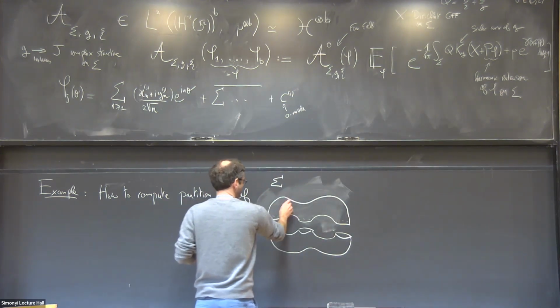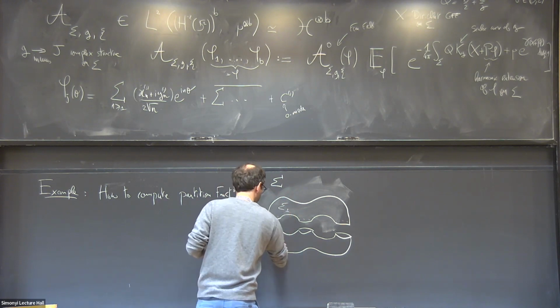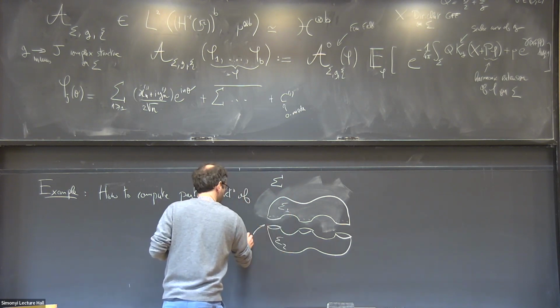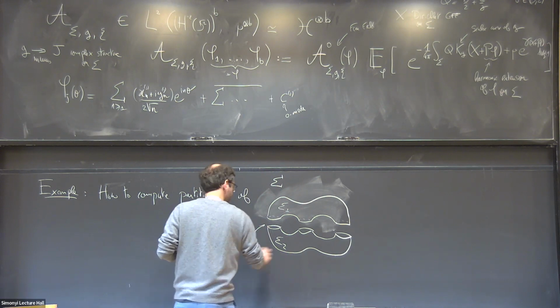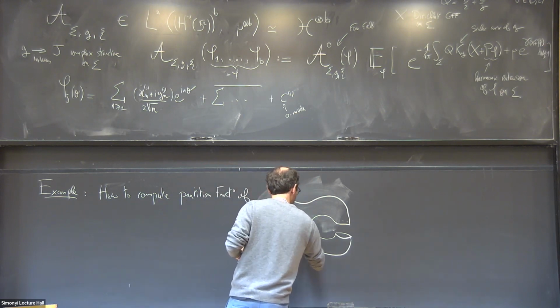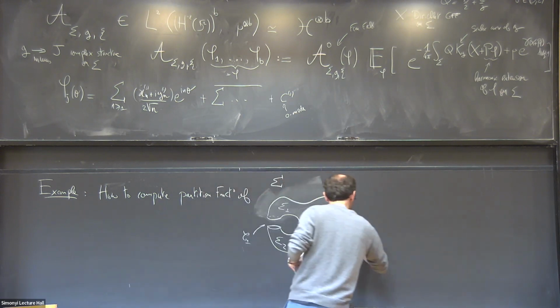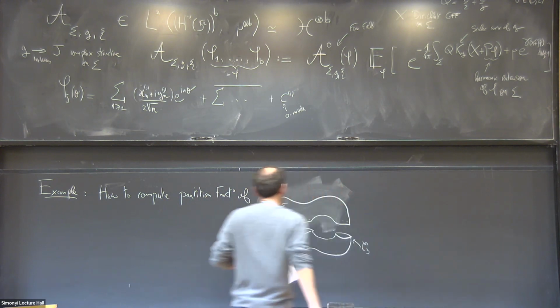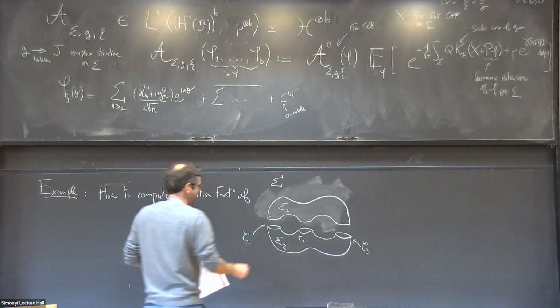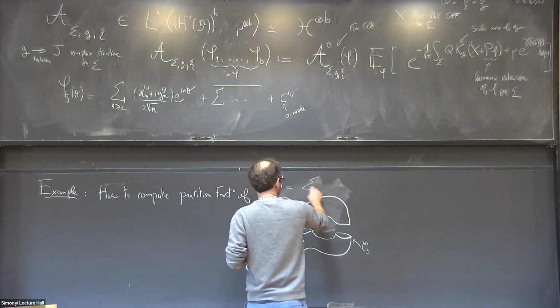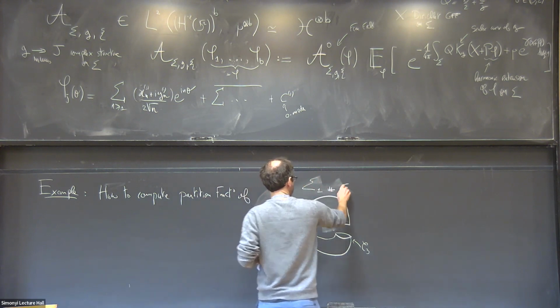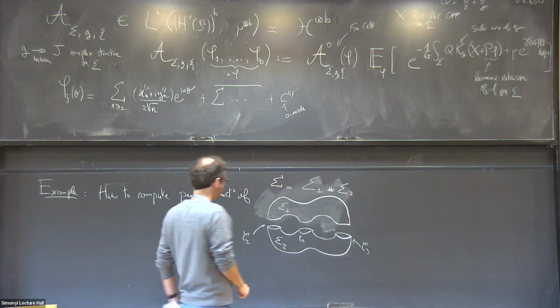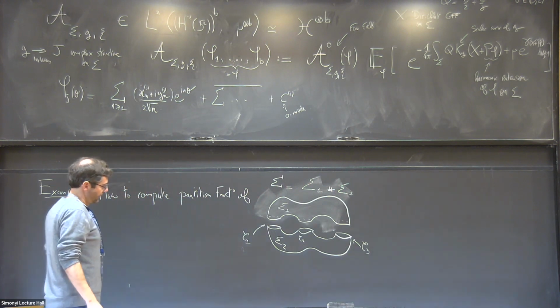I view sigma as split into two pieces. Let's say this is the curve C1, this is the curve C2, and this is the curve C3. I view sigma as the gluing of sigma 1 and sigma 2.